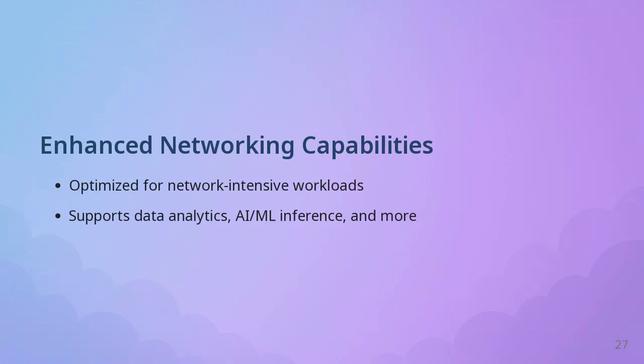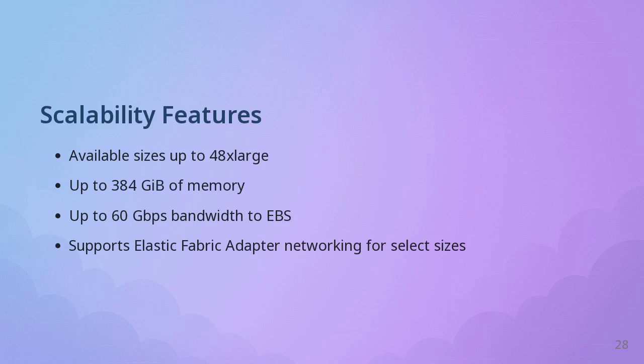Take advantage of the enhanced networking capabilities of C8gn to scale performance and throughput, while optimizing the cost of running network-intensive workloads, such as network virtual appliances, data analytics, CPU-based artificial intelligence, and machine learning AI/ML inference. For increased scalability, C8gn instances offer instance sizes up to 48xlarge, up to 384 gigabytes of memory, and up to 60 gigabits per second of bandwidth to Amazon Elastic Block Store, EBS.